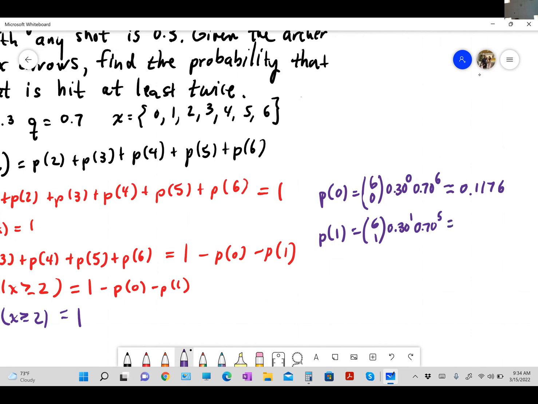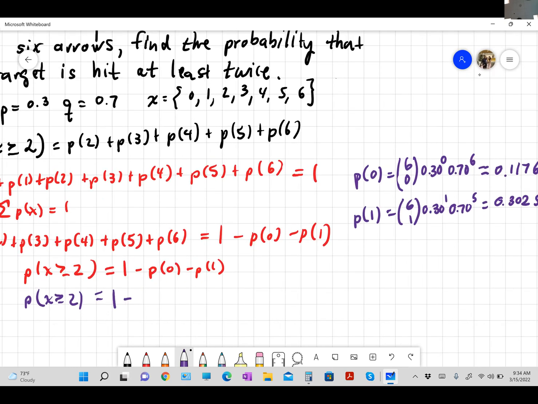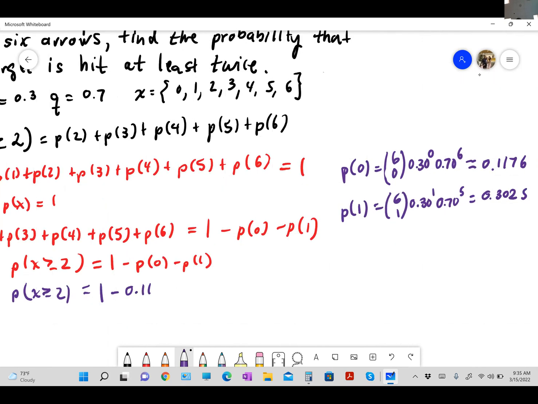And then the other one is 6 choose 1, which is 6 times 0.30 times 0.70 raised to the fifth. And that's 0.3025. So now I'm going to go ahead and subtract 0.1176 minus 0.3025.